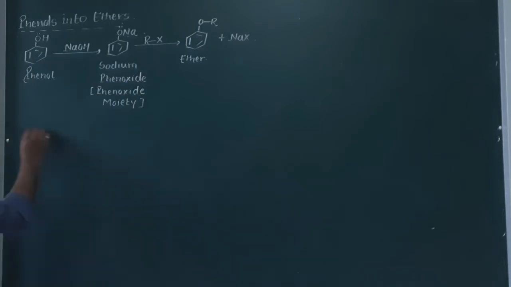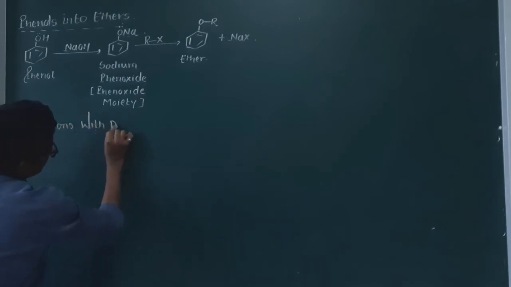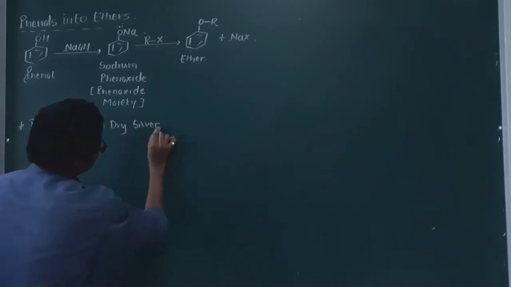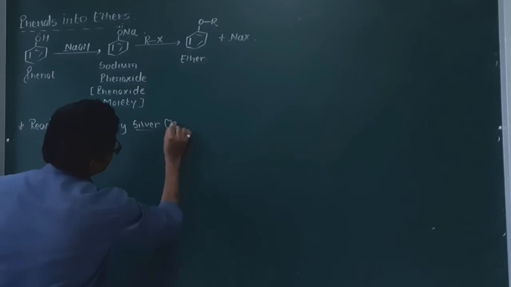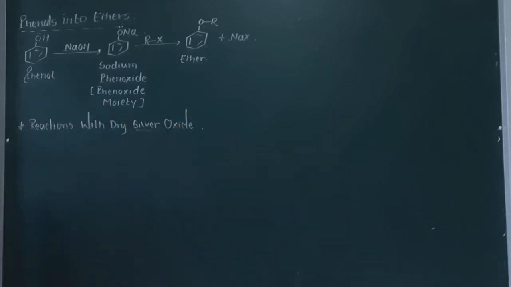When we look at the reaction with dry silver oxide, first let's take into consideration alkyl bromides.